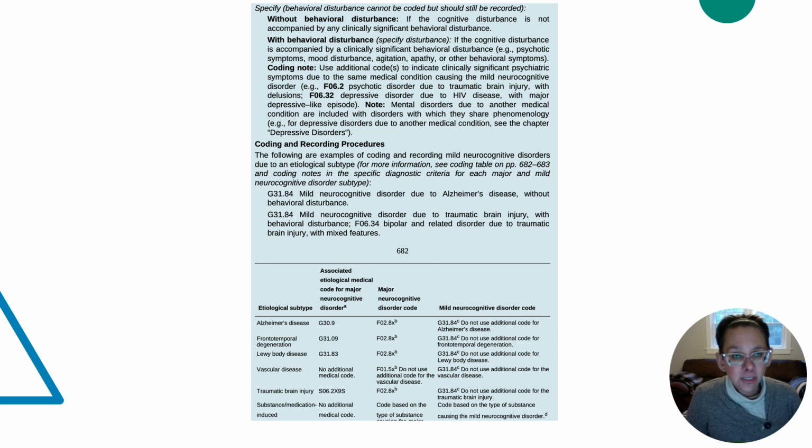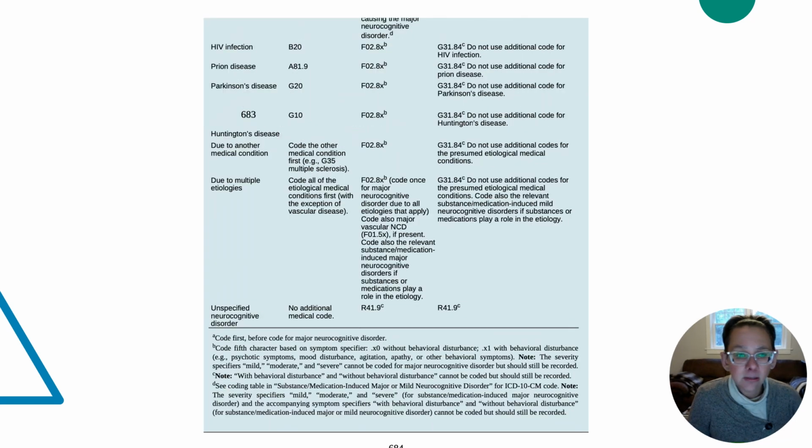So just be aware. Be on the lookout for the reason they're having behaviors. I tend to not want to prescribe meds for behaviors because a lot of times it's triggered by something. So just be on the lookout for that. Here's coding procedures, additional coding procedures.